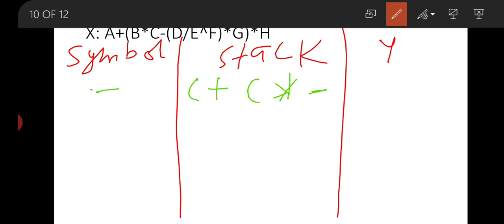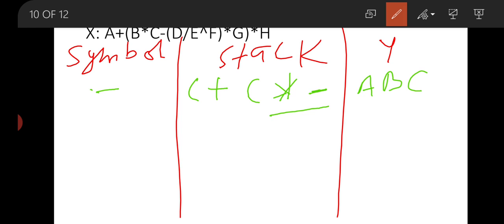When we put the minus here, there are two operators in the stack without any bracket between them, and we have to pop the operator. Before the minus we had ABC.